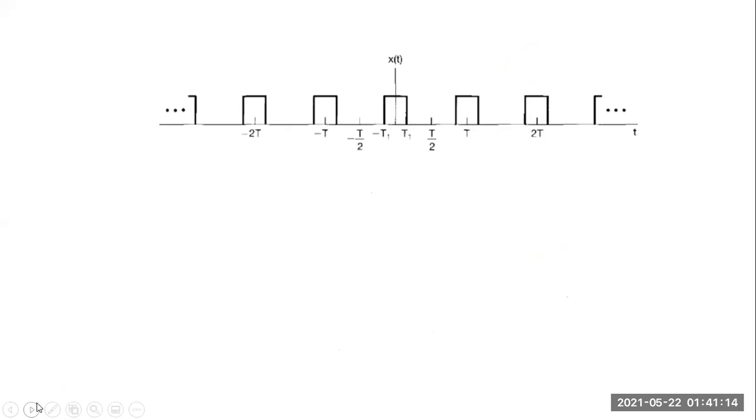So this is a periodic signal. As you can clearly see, this is a signal which is repeating itself after this time interval, capital T. And actually, this is an example of what we call a periodic square wave, a very common periodic signal that you will find in different books.